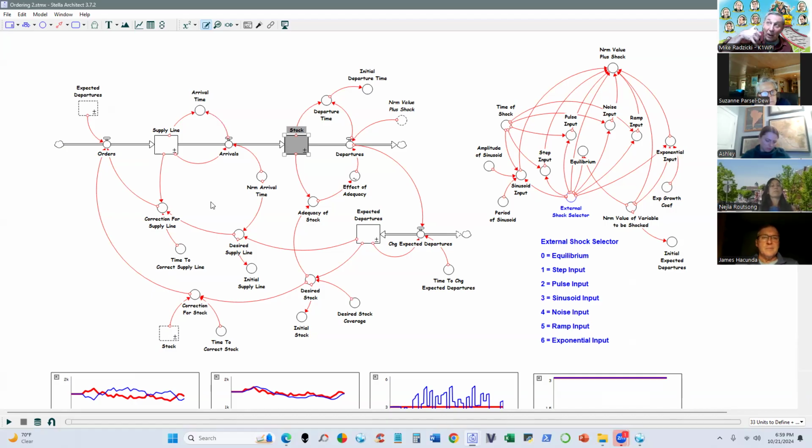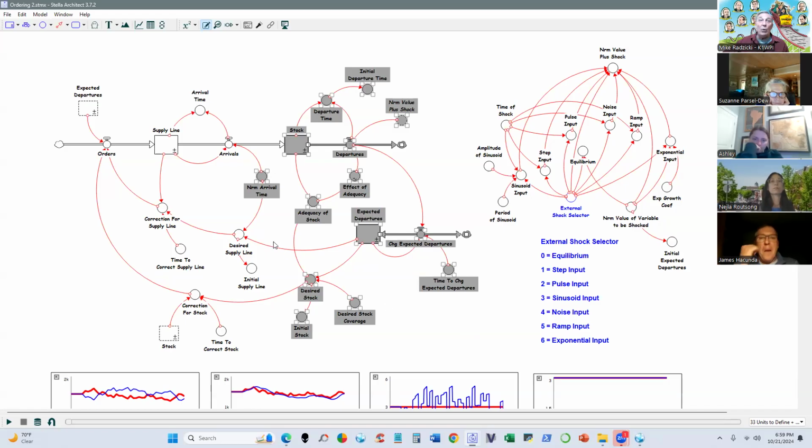Hey, I need more help up here, my positions are getting overrun. And the commander says, okay, I'll give you more tanks or troops, but they don't get there immediately, right? Hold on, help is on the way. So you got to put in a delay structure. Okay, first order, third order, nth order pipeline, right? Most of this here is the same.